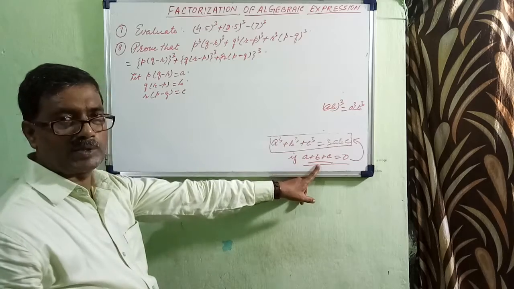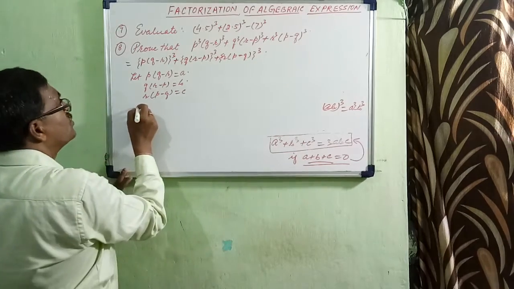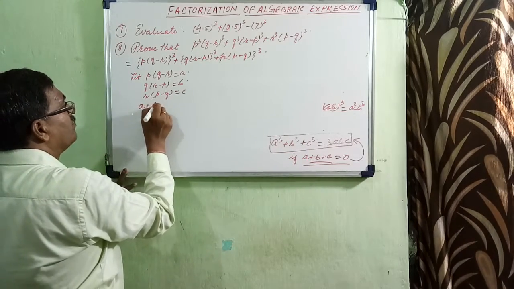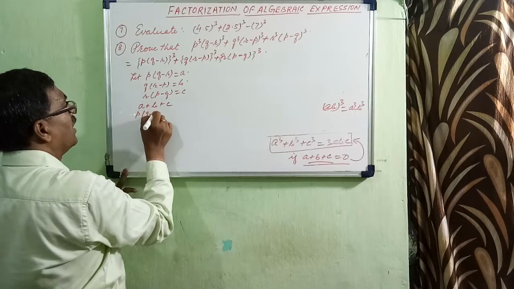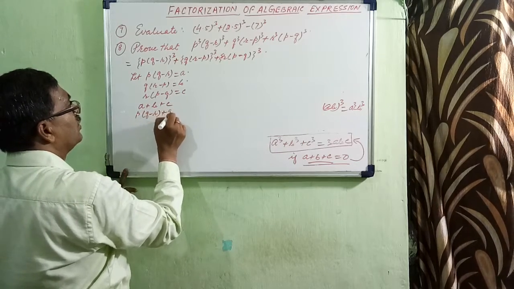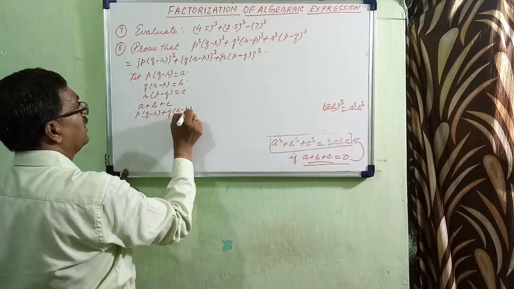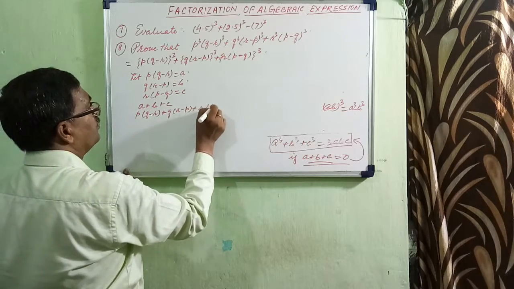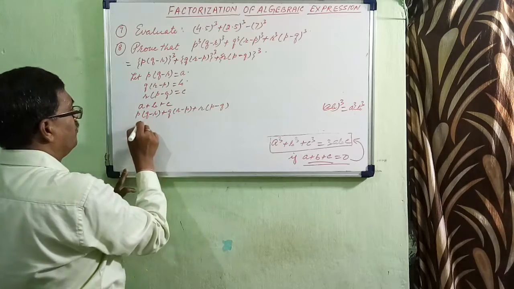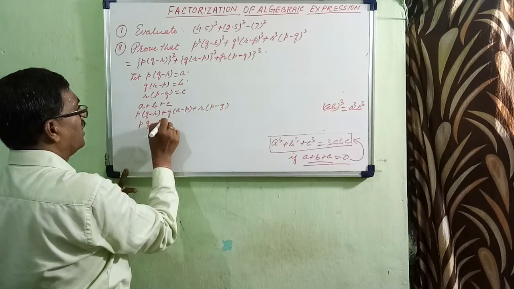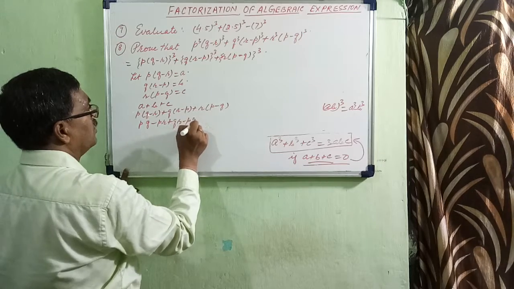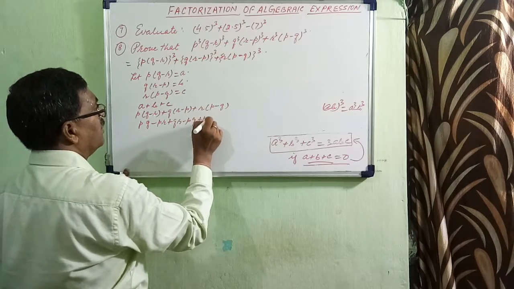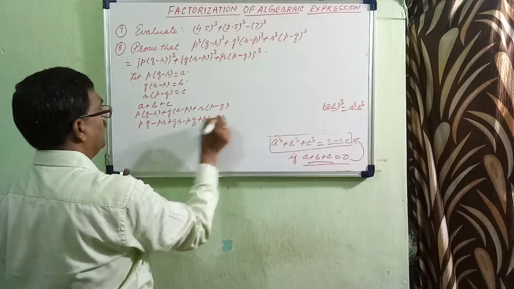Again we will check whether A plus B plus C is equal to 0 or not. So A plus B plus C is P into Q minus R plus Q into R minus P plus R into P minus Q, which is PQ minus PR, QR minus PQ, PR minus QR.